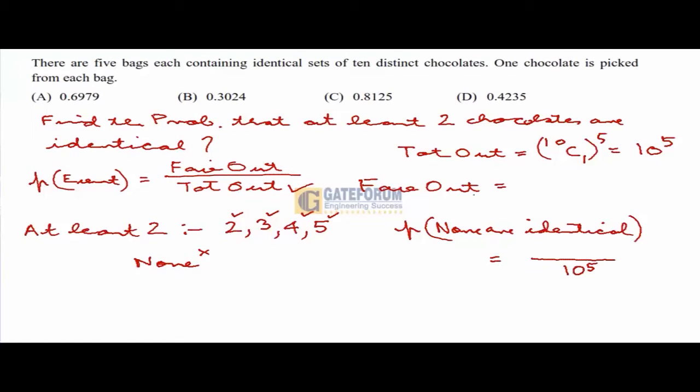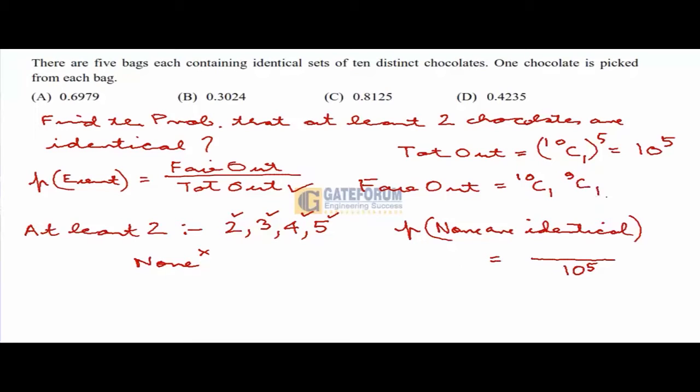The favorable outcome would be given by, from the first bag, I select any one in 10C1 ways. Now in the second bag, I take care to see that the one that I have selected in the first bag doesn't make a reappearance in my hand. So I will, from the rest of the 9 other chocolates, select one. So that would be 9C1.